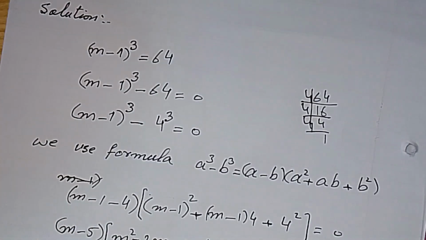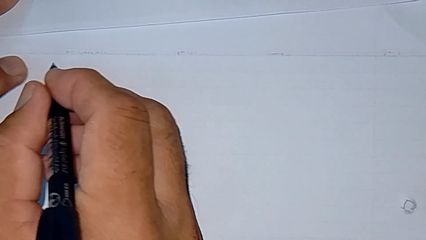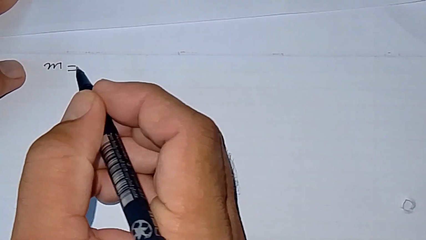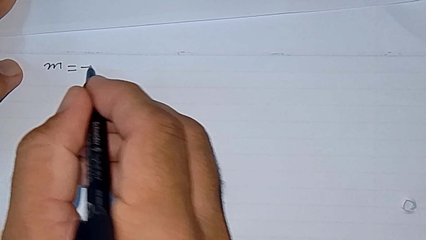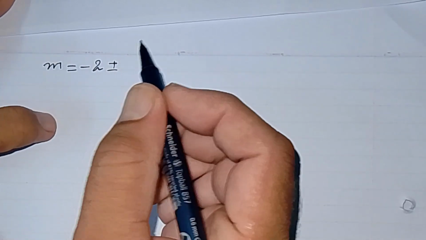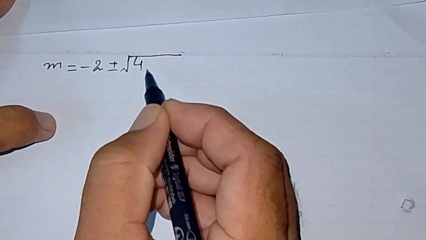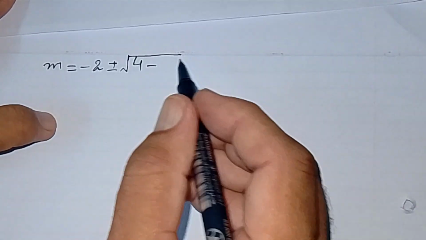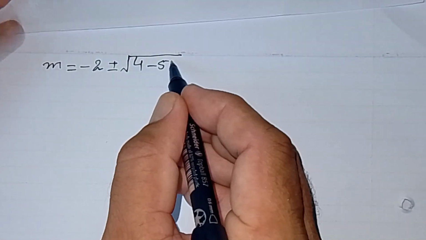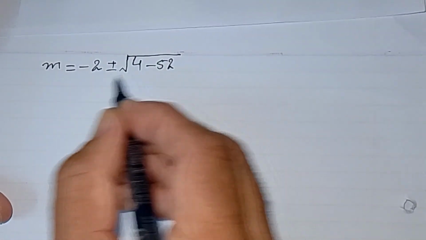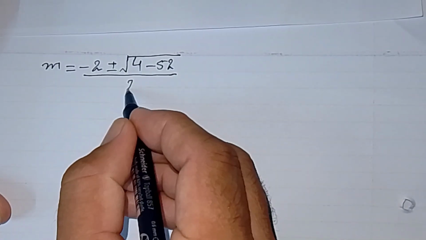Now m is equal to minus 2 plus minus under root 4 minus 52 over 2.